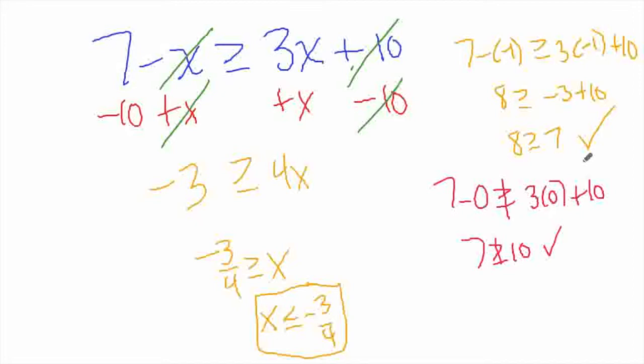Okay, so what was the gotcha that I was talking about that you had to worry about? Solving inequalities is always the same as solving equations, except when you multiply and divide by a negative number. Okay, minus x is greater than 4.